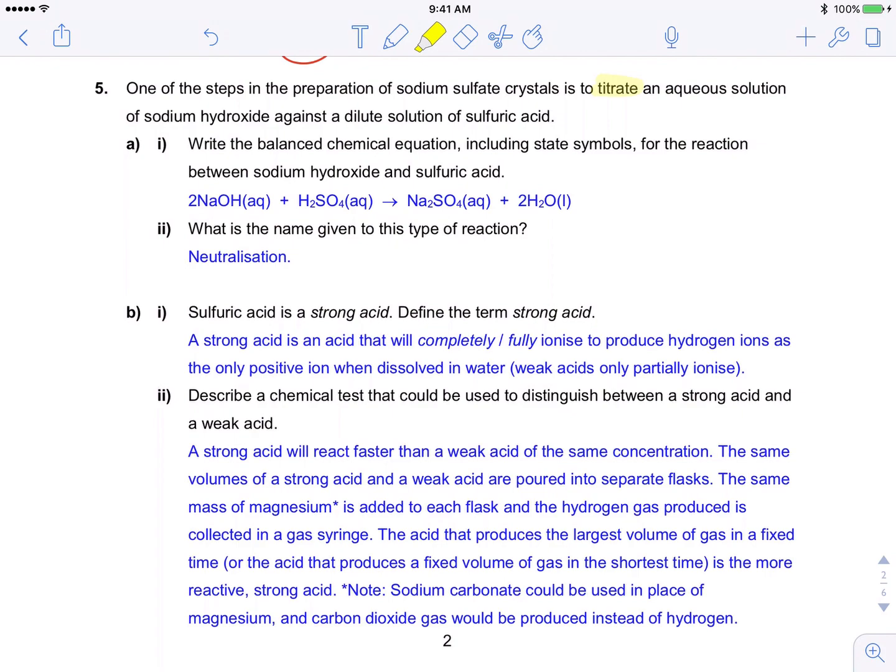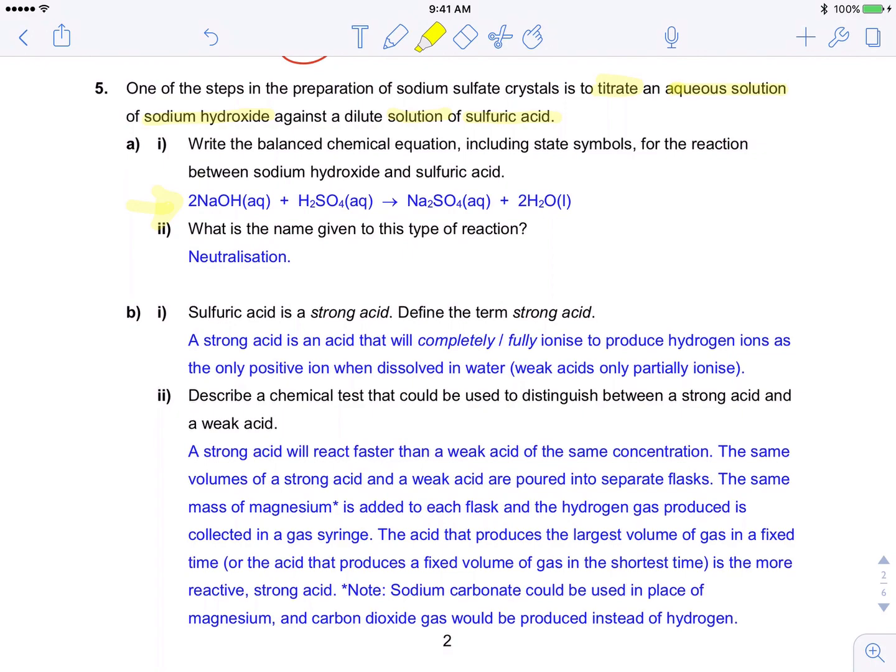What you need to know is the reaction right now is sodium hydroxide against sulfuric acid. What their state symbols will be is written in the question. It's a solution against a solution, so they are both in equal state. I think this is straightforward enough. You should know how to write the salt formula, as well as that water is the other product.